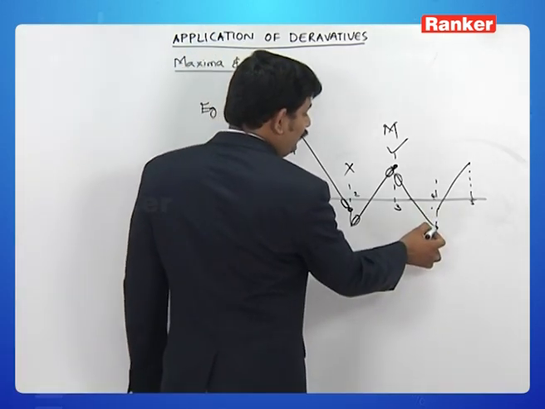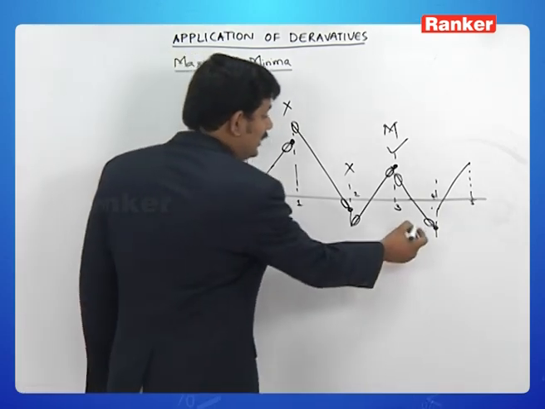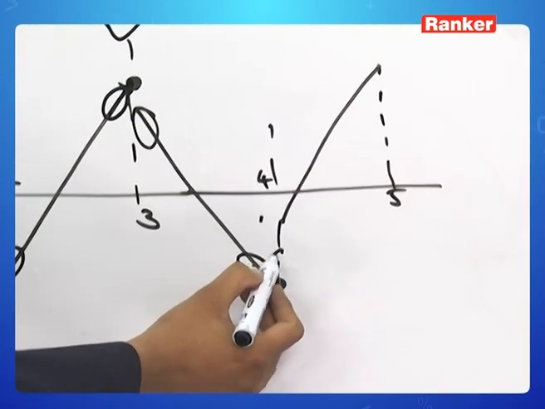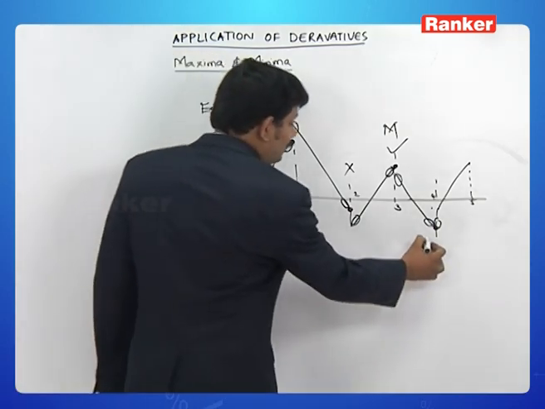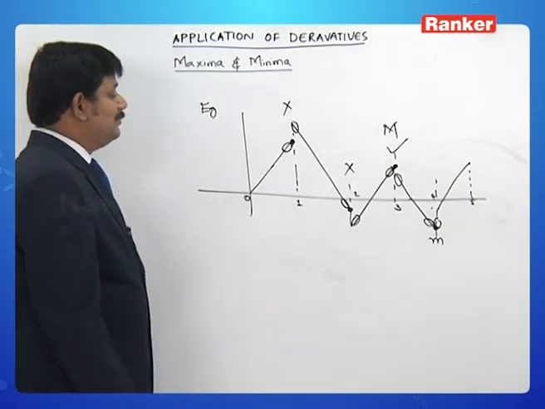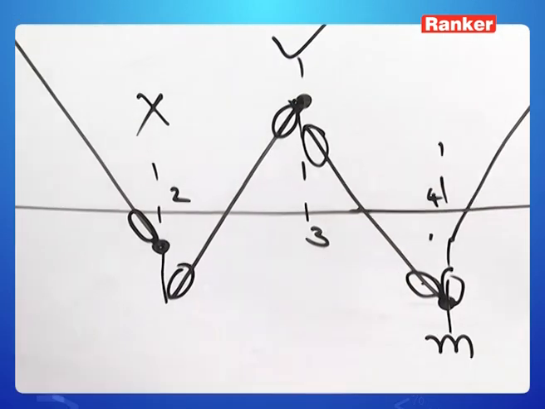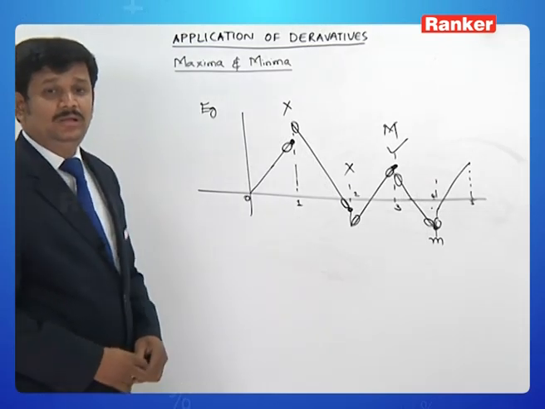And at 4, we can see function values to the left are more than f of 4, and to the right also more than f of 4. So, 4 qualifies to be a local minimum. So, we have local maximum at 3 and local minimum at 4. No other point qualifies to be a local maxima or local minima.